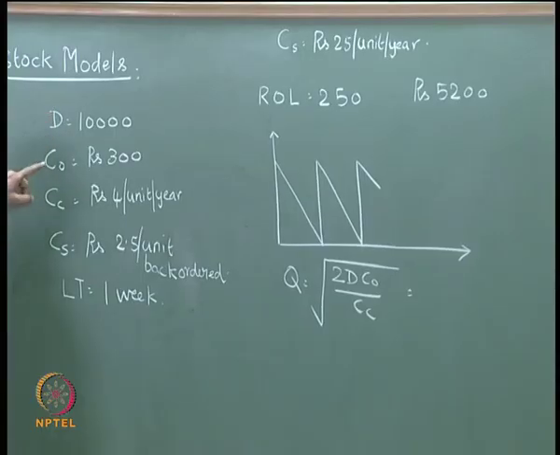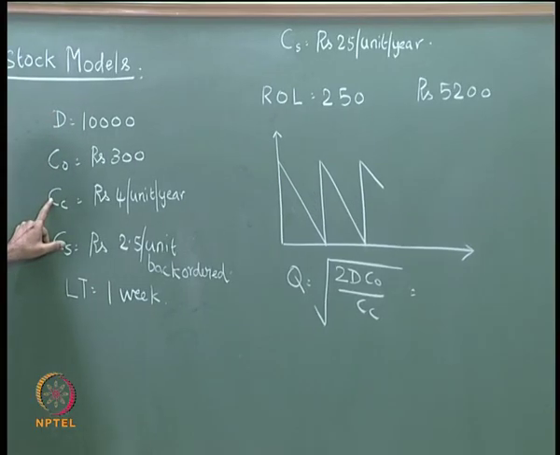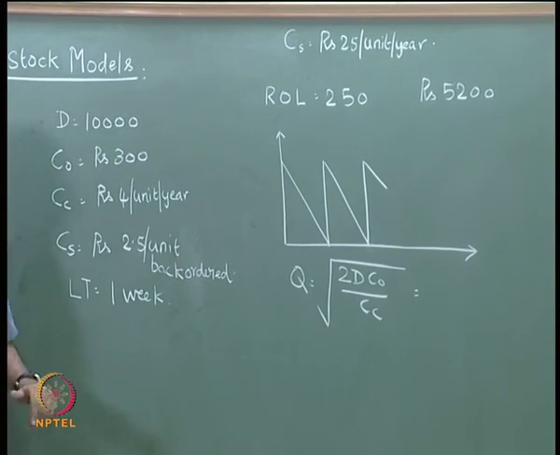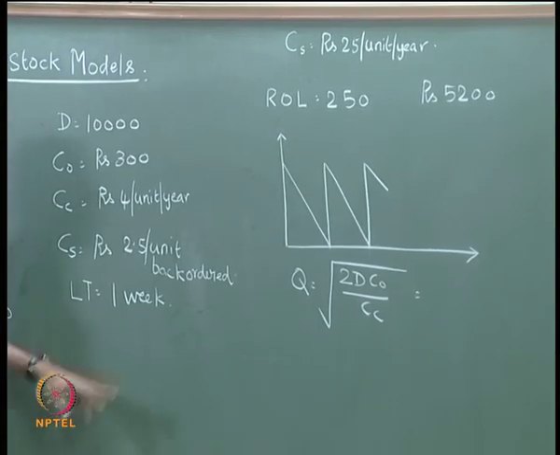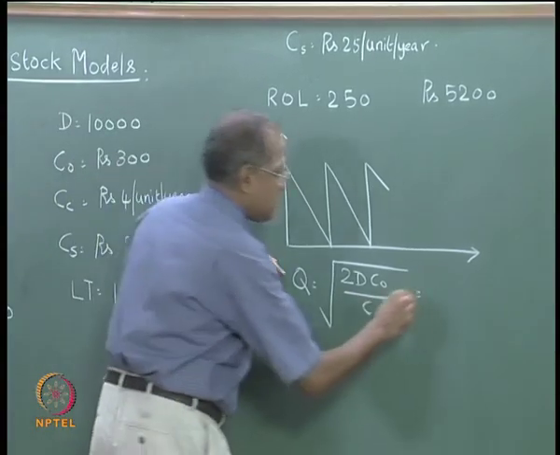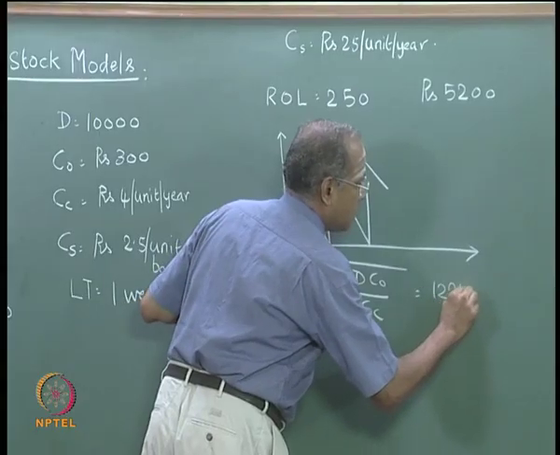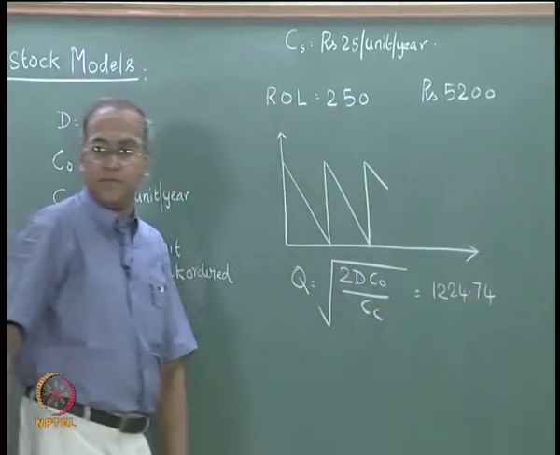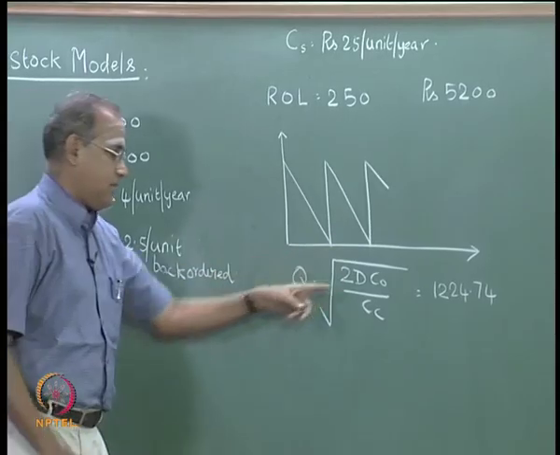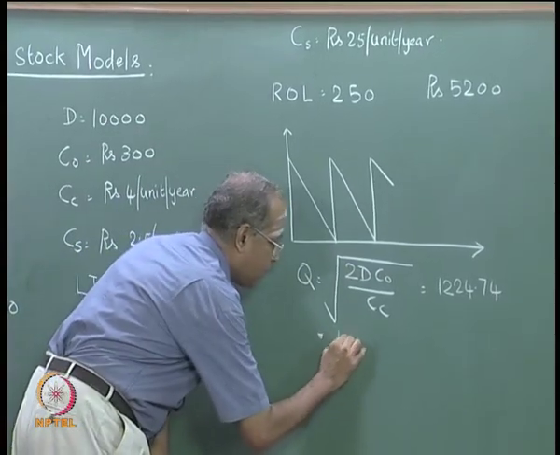D is 10,000, C naught is 300, and C c is I into C, which is 20% of rupees 20, which is 4. So, this would give us 1224.74.